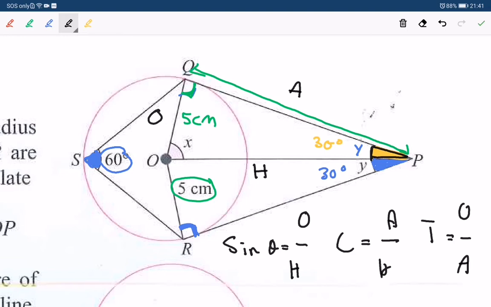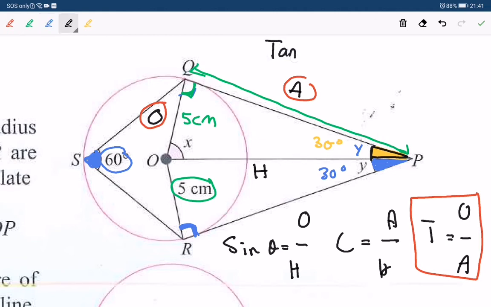Okay, so we want to find PQ. We already have the O. Okay, we have O. We want to find A. So which one do we want to use? We use TOA. Tangent equals opposite over adjacent. So we use tangent 30 equals opposite, which is 5 cm, divided by our adjacent, which is our PQ.